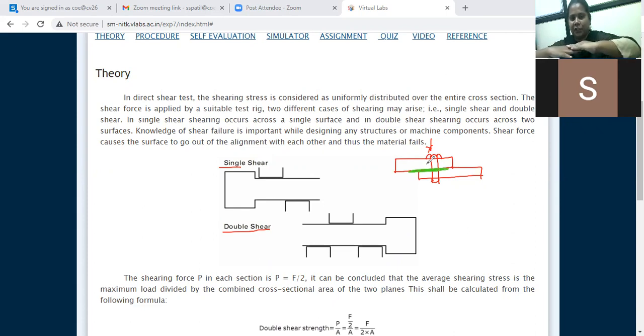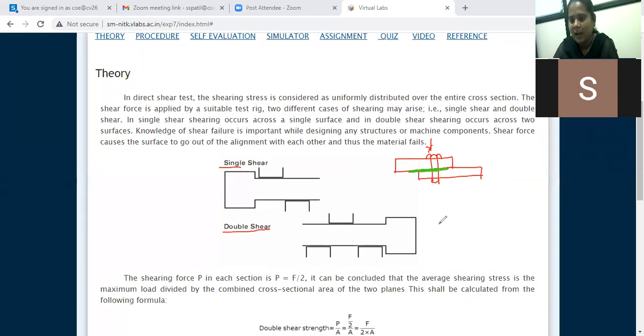Shearing means simply friction. So in between these two plates, single shearing occurs. That is why this is called single shear. Got it? Now we will move towards double shear.